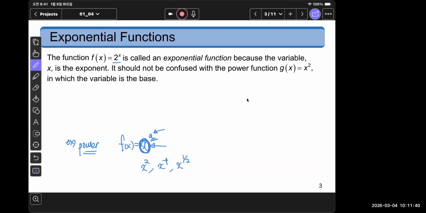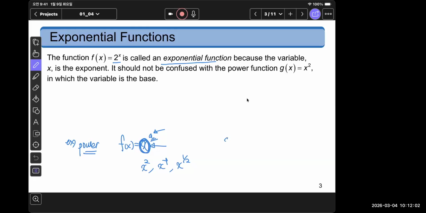Now in this section, we have a function of the 2 to the x type, where 2 is a constant in the base and x in the exponent is a variable. Such a function is called an exponential function. Okay, so that is different from a power function.